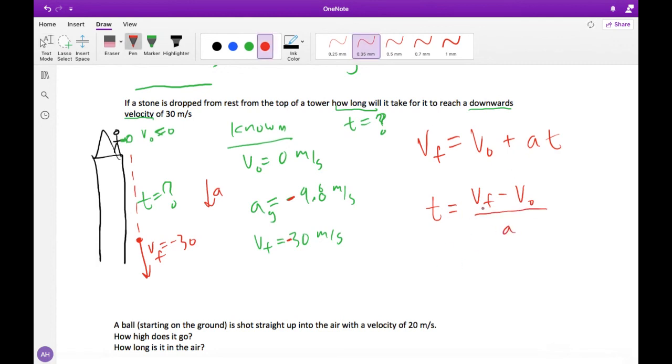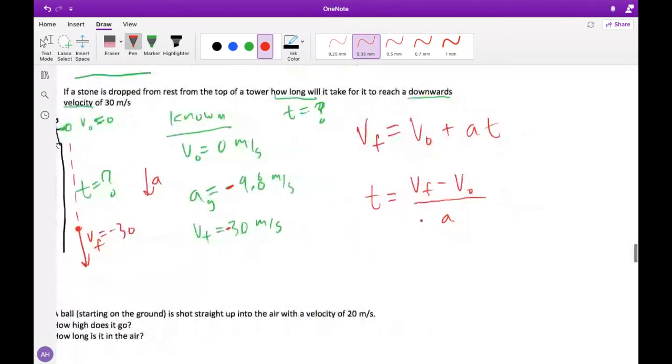Now let's plug in all of our values. The final velocity is negative 30, the initial velocity is 0, divided by negative 9.8.